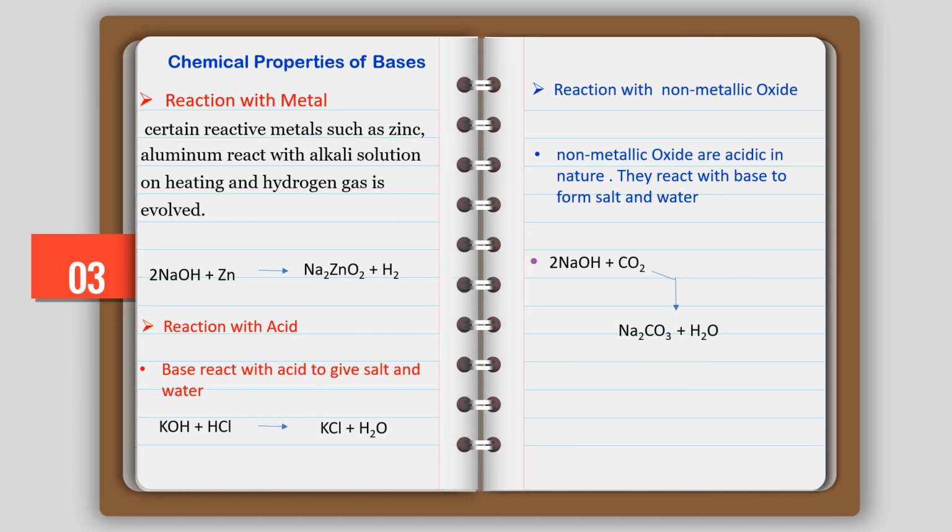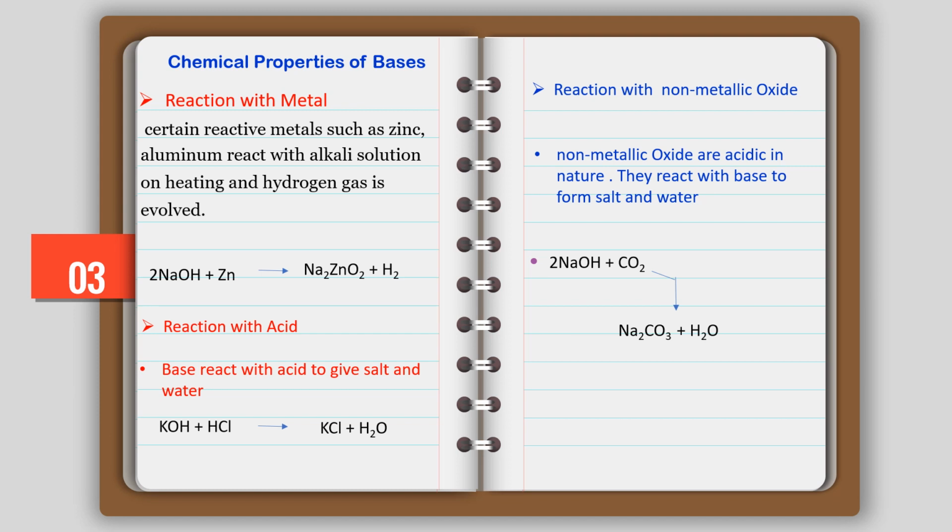We will now discuss the chemical properties of bases. Reaction with metal: when a base reacts with metal to form an alkali solution, such as sodium zincate, hydrogen gas is evolved.